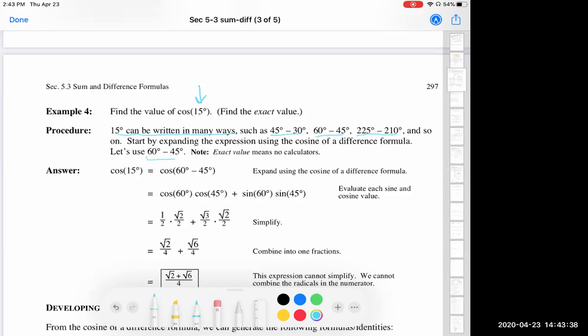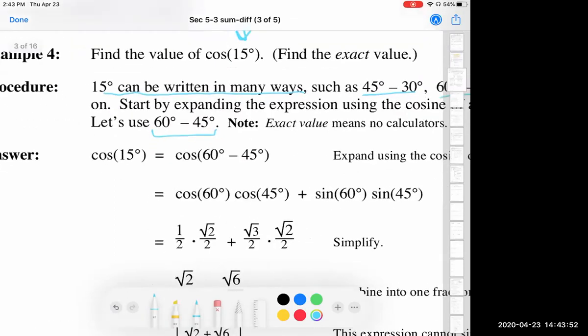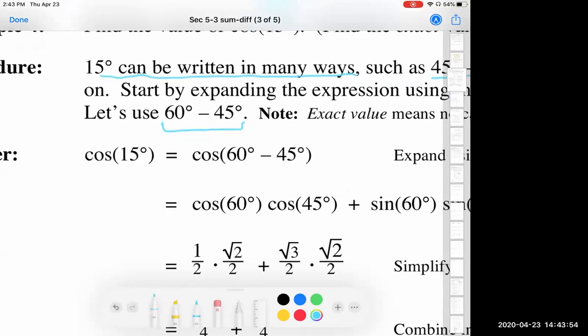Let's use 60 minus 45. A nice little hint, if you can keep it in your first quadrant, that'd be better, because you don't have to worry about when it's negative and when it's positive. All right, so we can rewrite this 15 to be 60 minus 45. Now I can go ahead and use my formula.